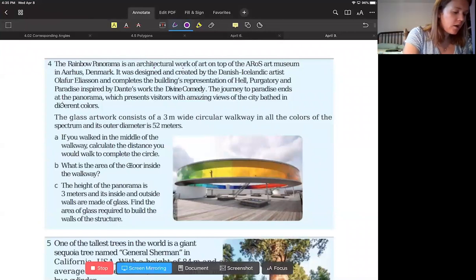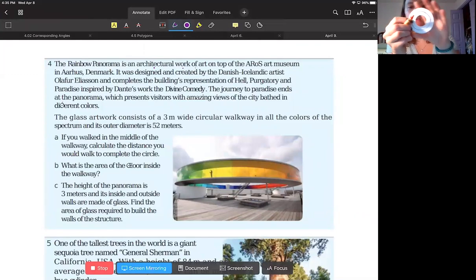So again, if this is my walkway and I'm walking along this path, I'm going to change my color to orange, right? I'm tracing around it, not coloring it in.